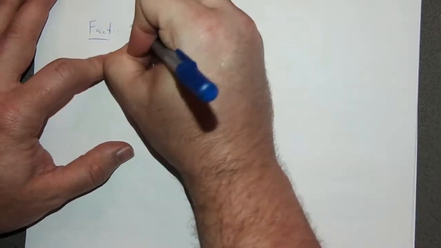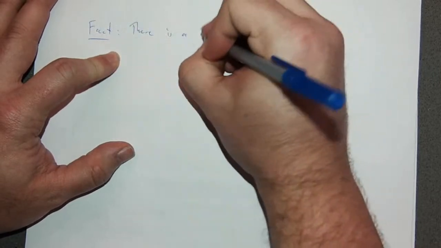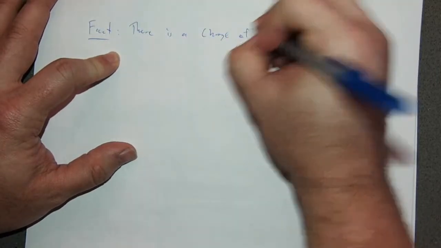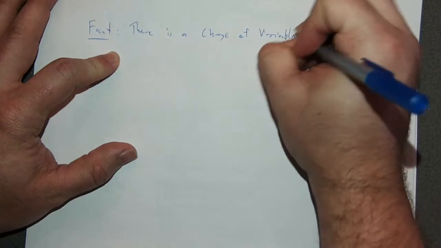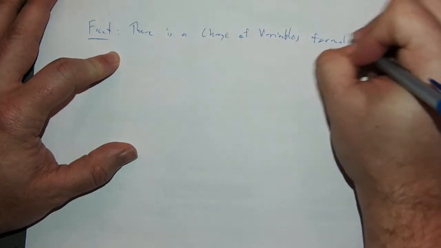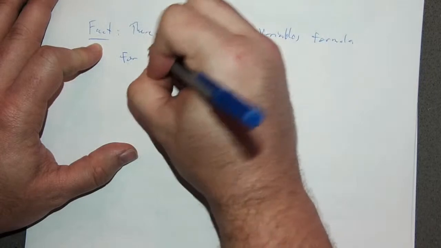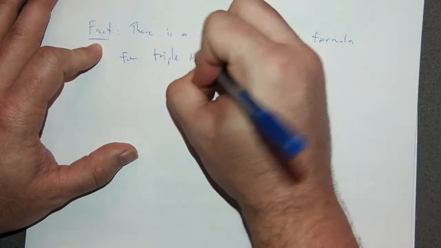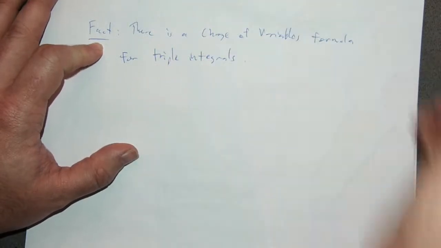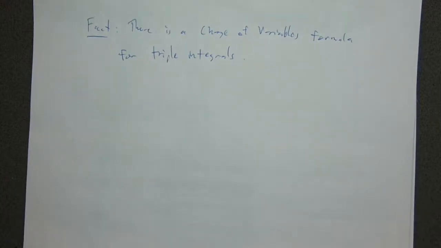So one more fact that I'll mention. There is a change of variables formula for triple integrals as well. Okay, what does it look like? Well, it looks exactly like you would expect.